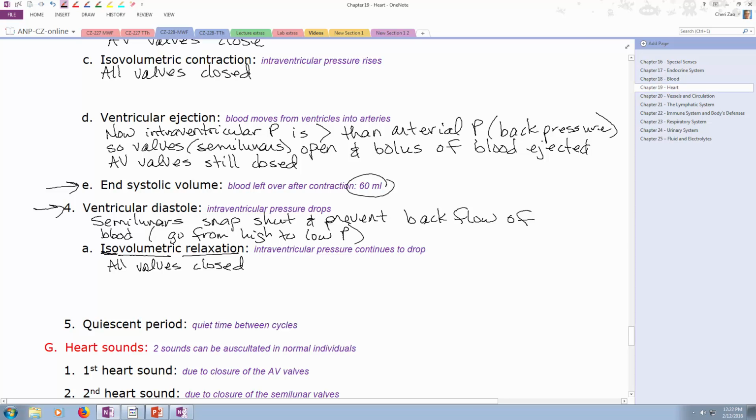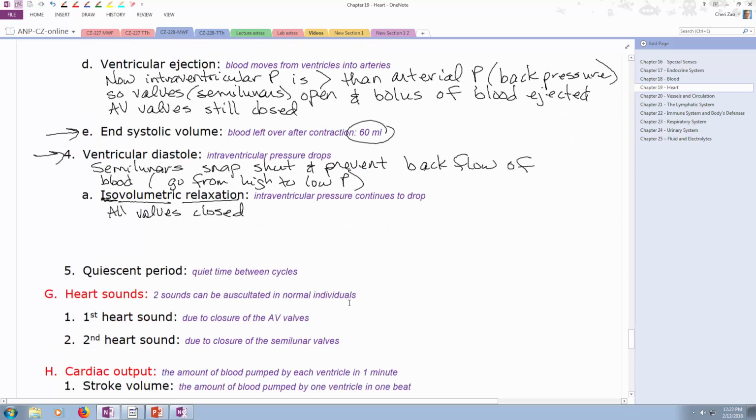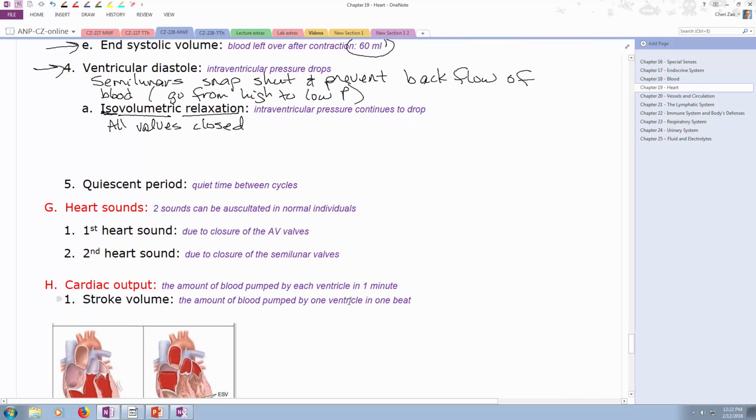Not long after, the pressure inside the ventricles becomes less than the pressure inside the atria. And when that happens, the AV valves will be forced open because the pressure will push them open. And plus, remember, we're actually having a change in the tension of the chordae tendineae during this time period. So isovolumetric relaxation occurs, all valves closed, for a very short period of time.